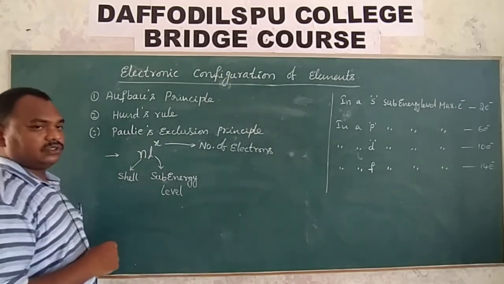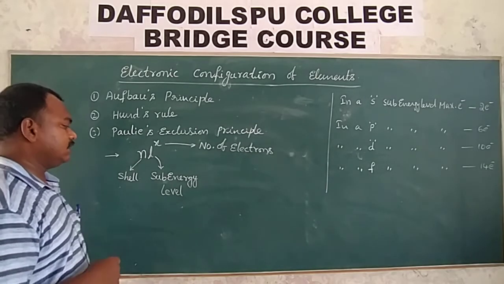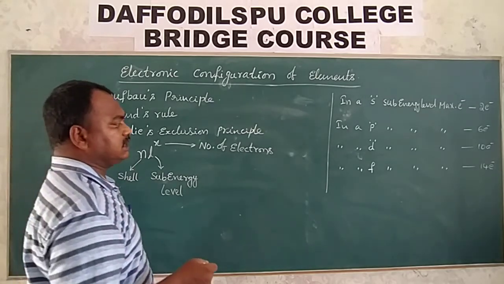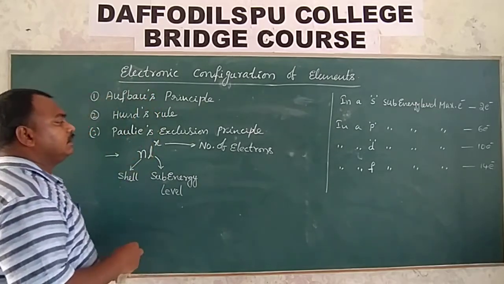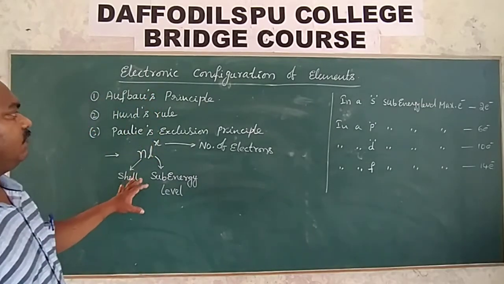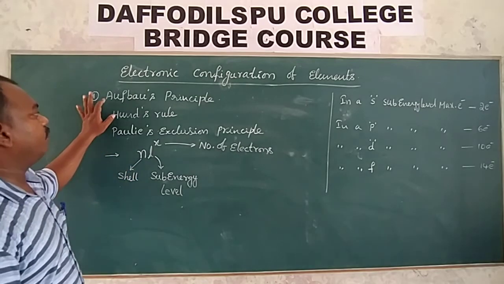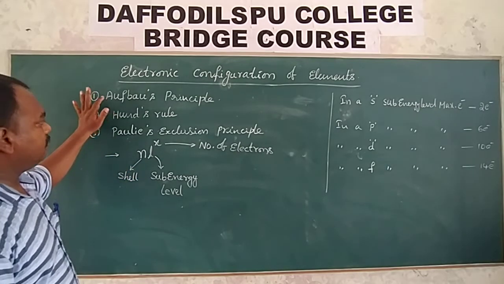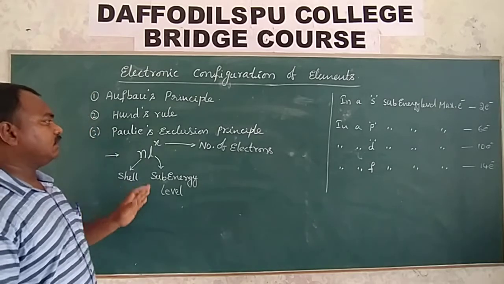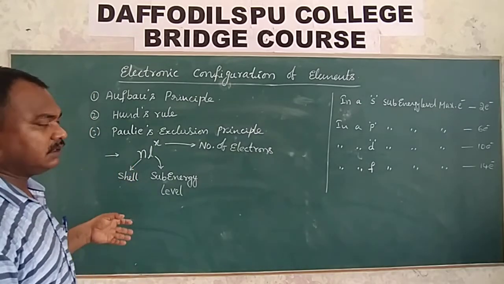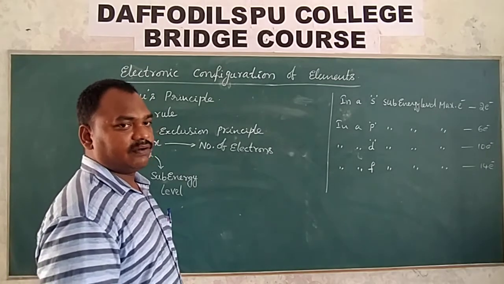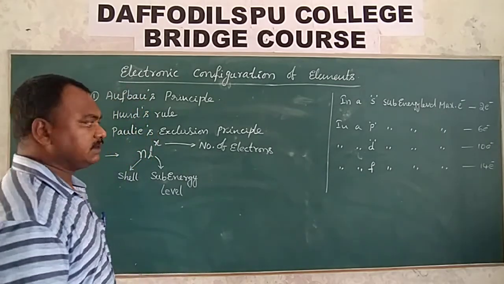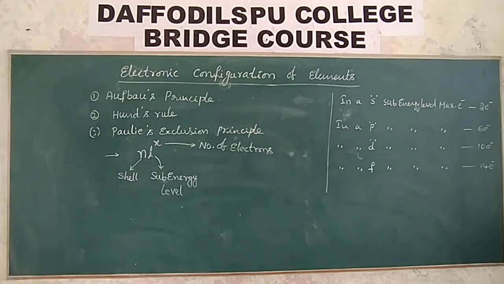N is the shell number, L is the sub-energy level, X is the number of electrons. So this is about the expression of electronic configuration. Now we are going to these 3 principles. After going through these 3 principles, we will try to write the electronic configuration of different elements.